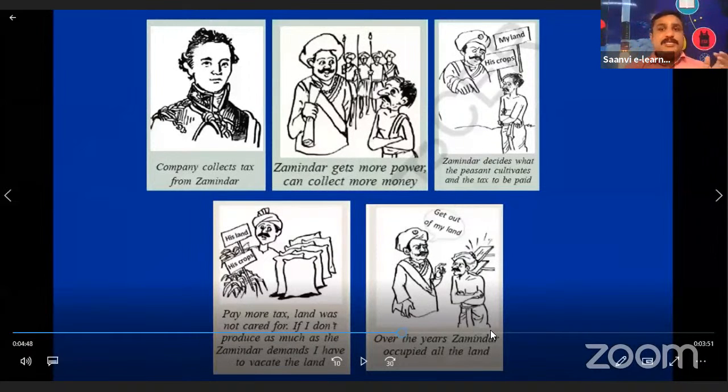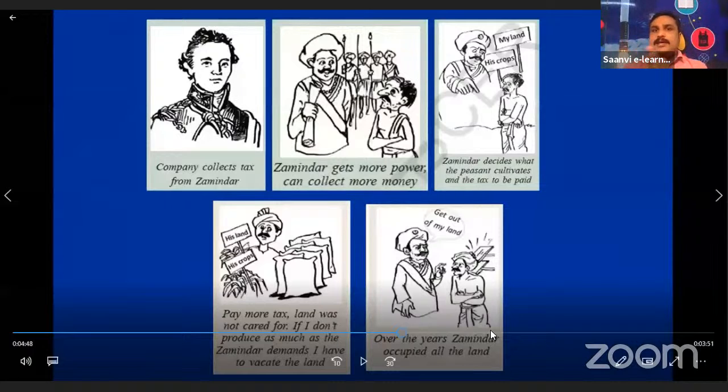Slowly the government or Britishers understood the situation, because zamindars also increased the tax. Already we have discussed it. Even though they increased the tax, zamindars were not ready to pay that much amount to the company. So the government or the British East India Company or the authority decided to change some of the zamindars and appointed others.